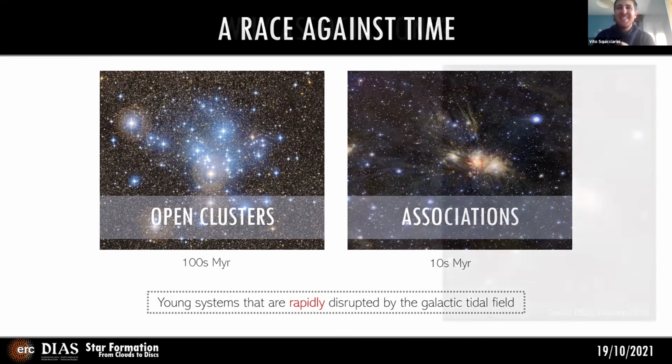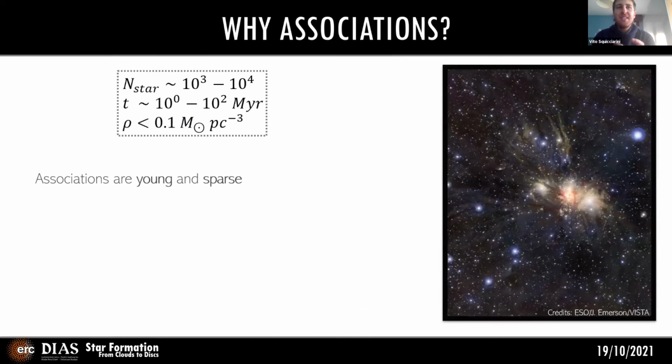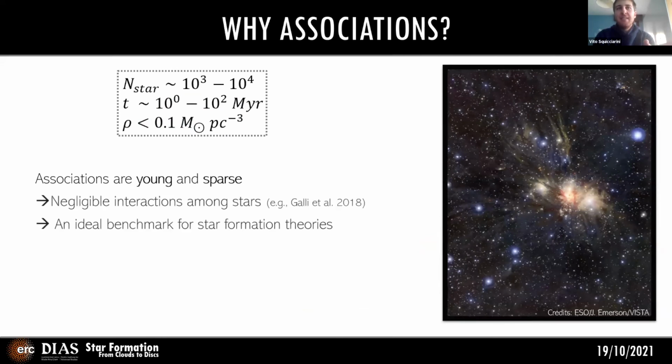because associations are young systems, of course, and they are also sparse, meaning that the density is very low. You can see it in the box. And this implies that the interactions among the stars are negligible. So we can neglect the close encounters and the scattering between stars.